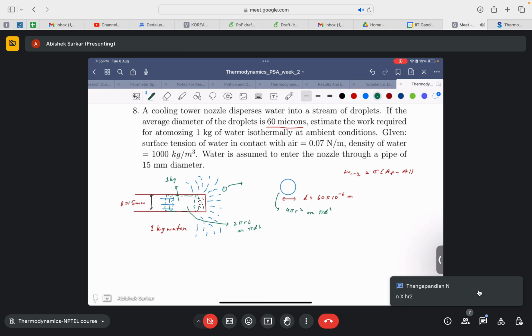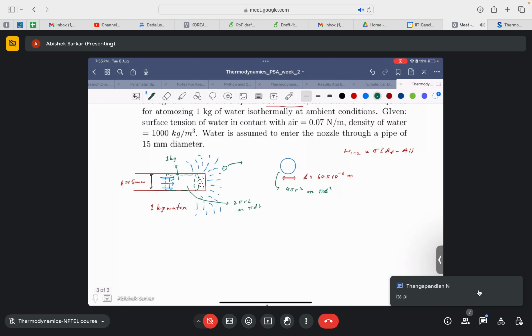Yes, I'm getting where you're going. So the trick is, first of all you need to find the number of droplets, because the initial area you know, right, this is the initial area, so this would be Ai. For the final area of the water, you need to find the area of the droplets, so the number of droplets. So what remains constant is the mass of water, right?